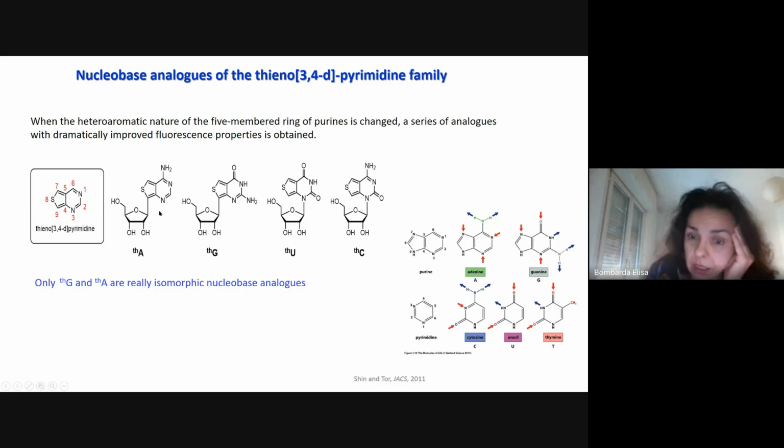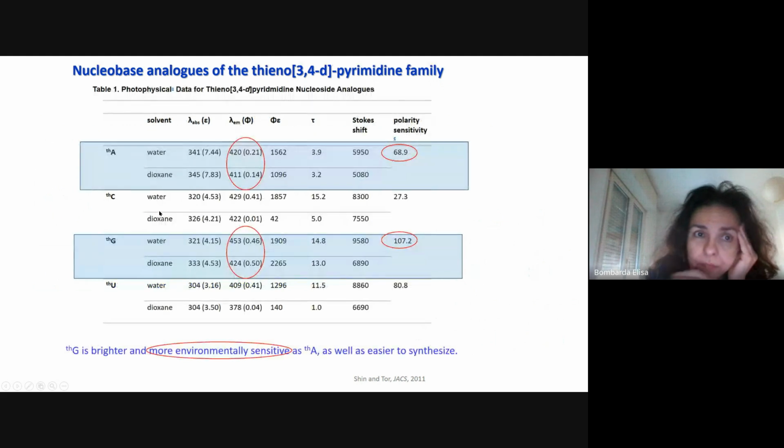So, yeah, this fluorescent nucleotide analog shows to be very sensitive to the polarity, in particular the adenine and the guanine that we were already underlining to have the better isomorphism, as you see.